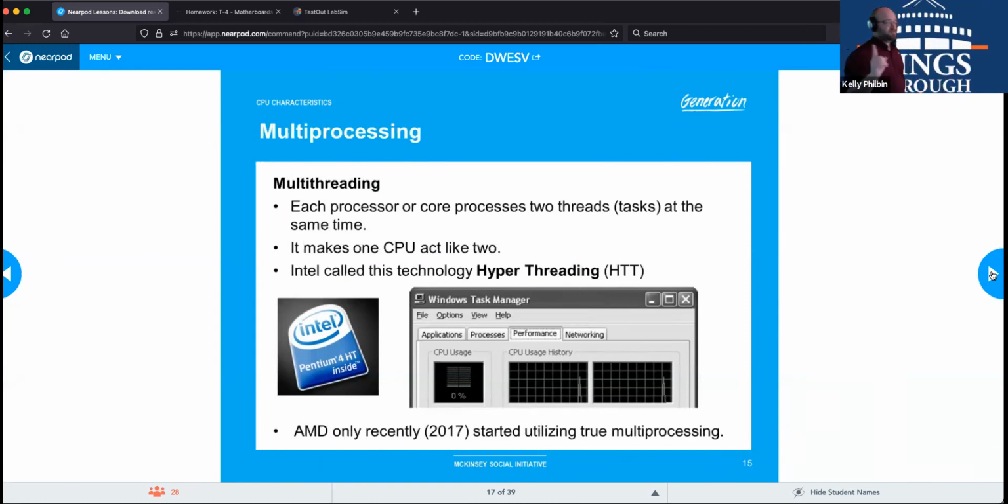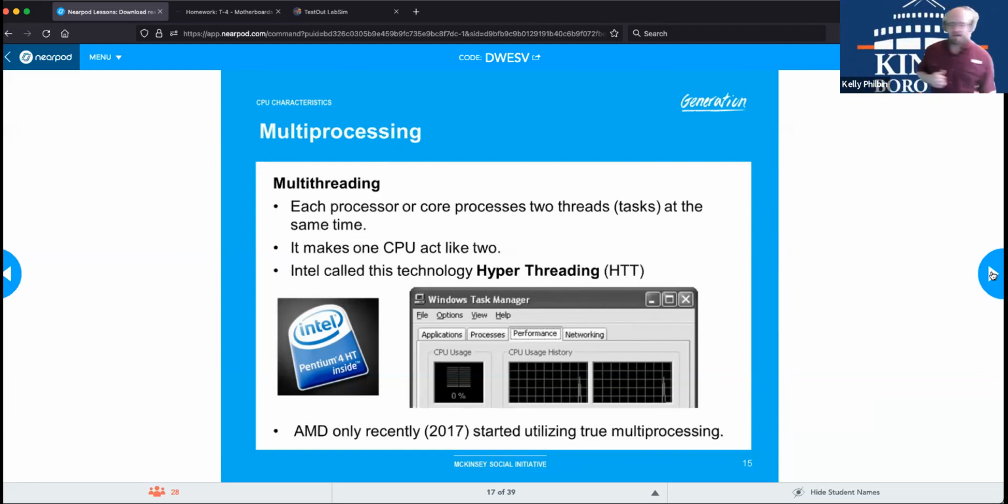Prior to this, they could only perform one. That allows a single CPU to act like two. So each core inside your CPU can act as if it is two cores. If you have a dual core processor, it can act like a 4-core because it's able to do what's called multi-threading, or performing two tasks at the same time.